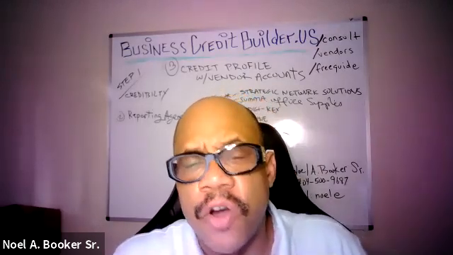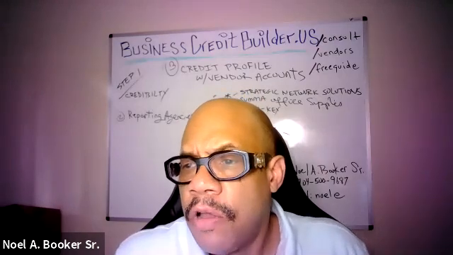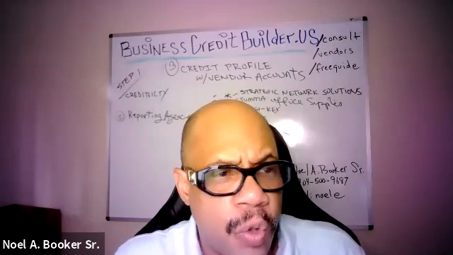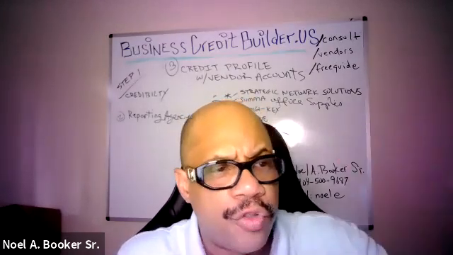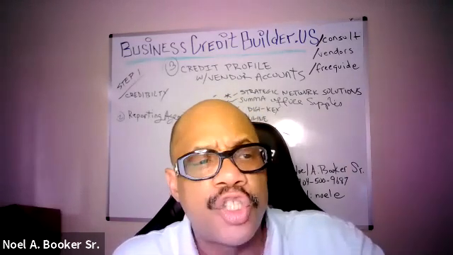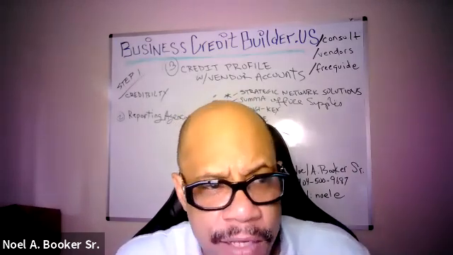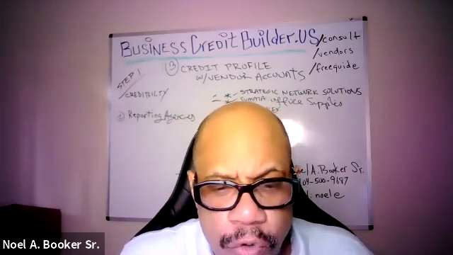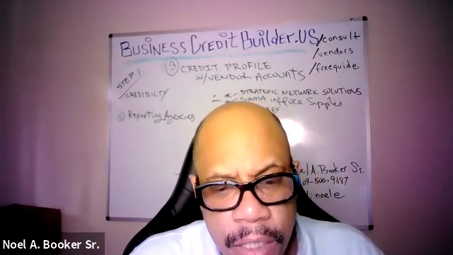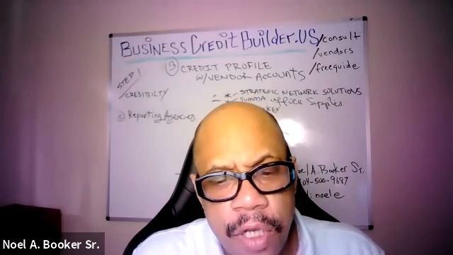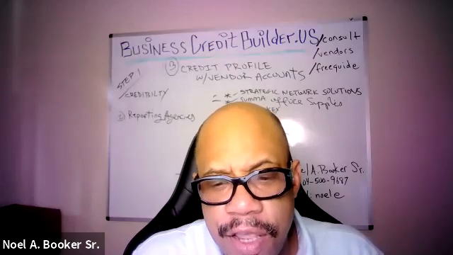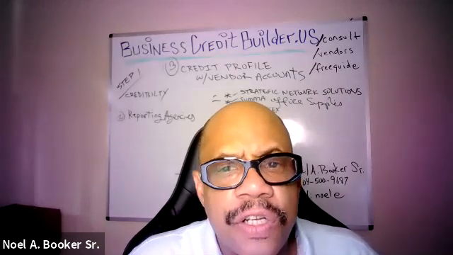Oh, the vendors. Okay. First of all, you can go to my website to find the first 2, which are Strategic Network Solutions and Summa Office Supplies. If you go to businesscreditbuilder.us, I'm going to type that in the chat. businesscreditbuilder.us/vendors.